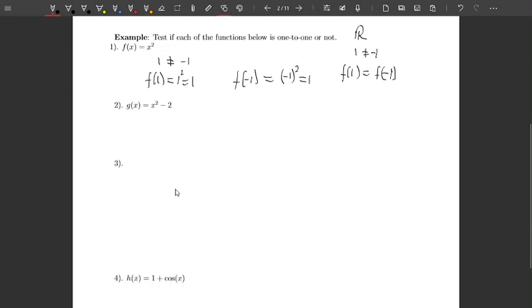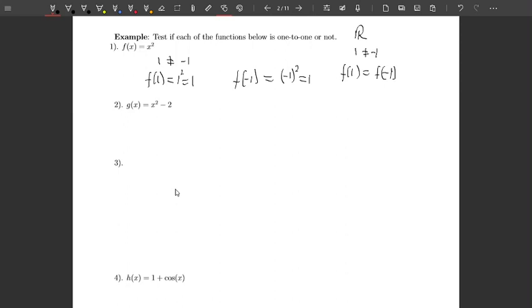Similarly, you could show that this function here, g of x equals x squared minus 2, is not one-to-one using the same property. Another way we could do this, what if we can't choose a particular number?